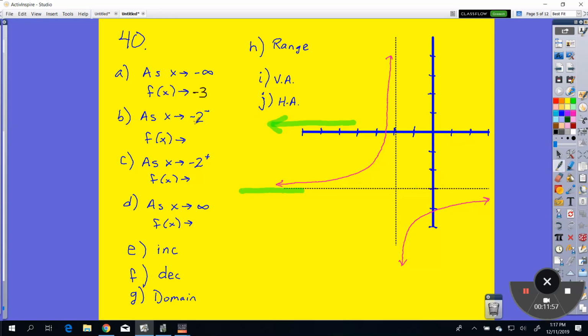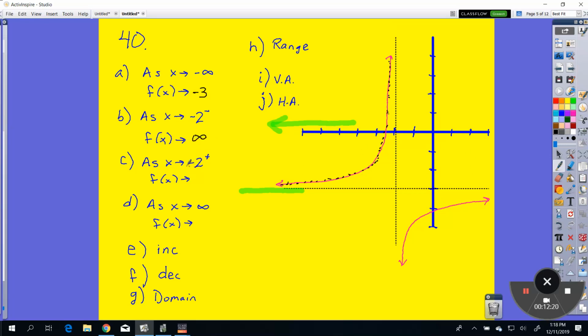Now it says as x approaches negative 2 from the left. That's what the little minus up here means, I'm coming in from the left. If I start walking along this line, I'm getting really close to negative 2. But as I get closer and closer to negative 2, this value keeps skyrocketing upwards, which means the y value is going up to infinity.